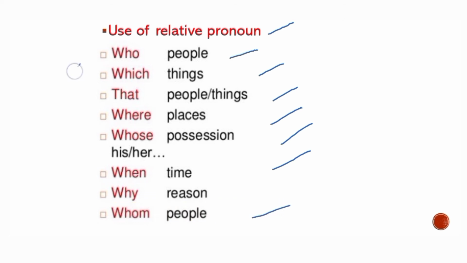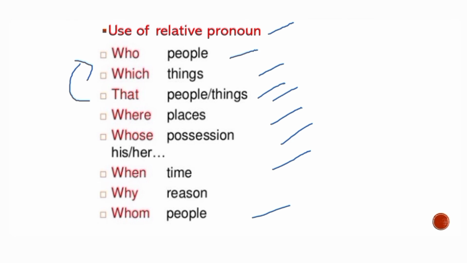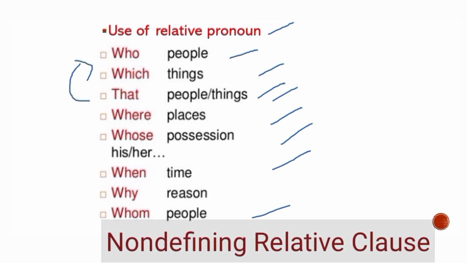Most of the students mix up the use of that with which, because that is also used for things, which is also used for things, but there is a little bit of difference in their use. When we want to introduce a defining relative clause, then we use that for things, and when we want to introduce a non-defining relative clause, then we use which for things.